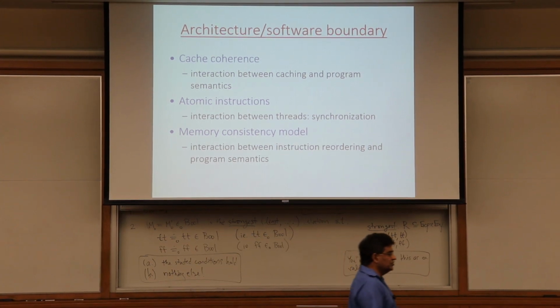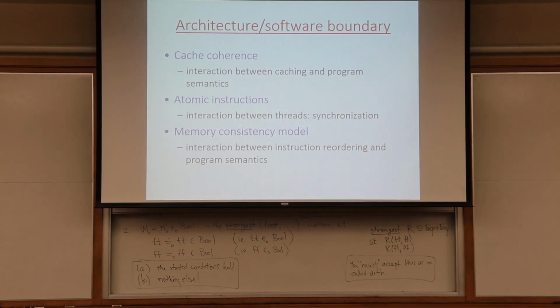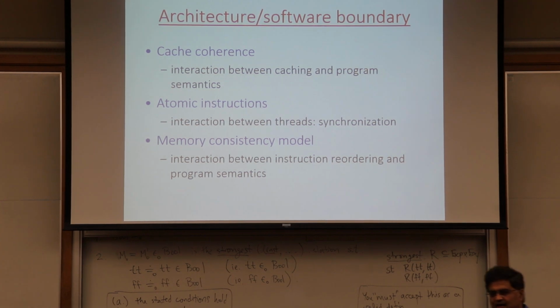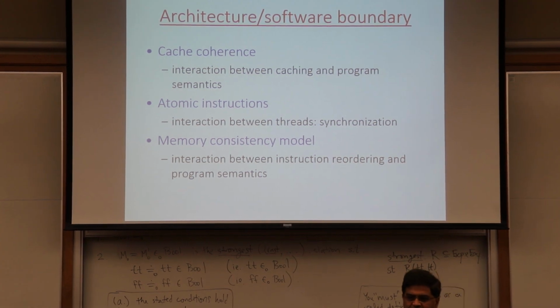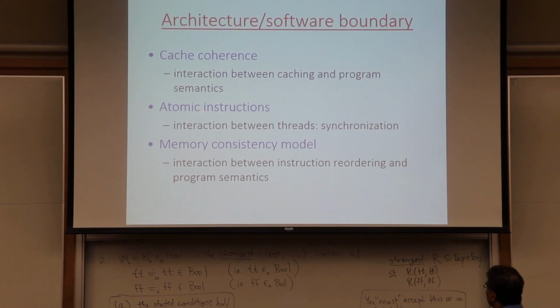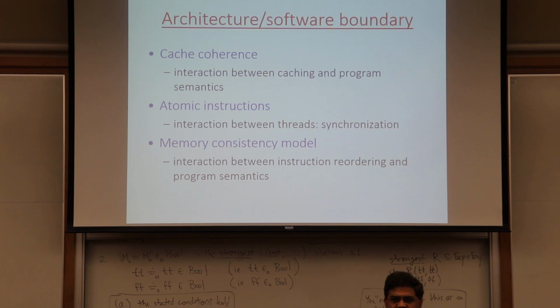So what I want to show you are 3 concerns that you need to have when you're writing these shared memory programs. And if you address these 3 concerns, then in some sense, the hardware guys take care of the rest of it. Okay? And these 3 concerns are called cache coherence, atomic instructions, and the memory consistency model of the processor. So how many of you guys know something about cache coherence?